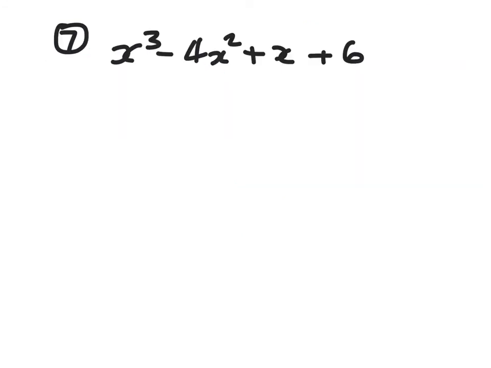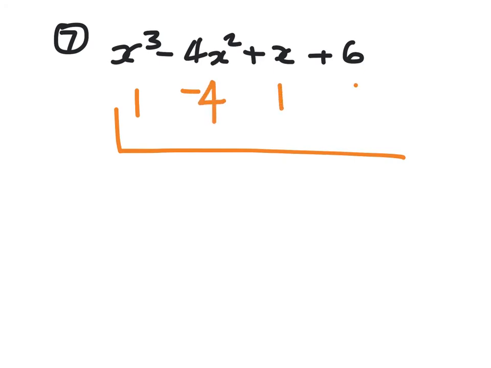Question 7, factorising question. Okay, so we need to use the synthetic division, the big long L. So the numbers that go here are 1, negative 4, 1 and 6. Now the question was good enough to tell us that x minus 2 was a factor.